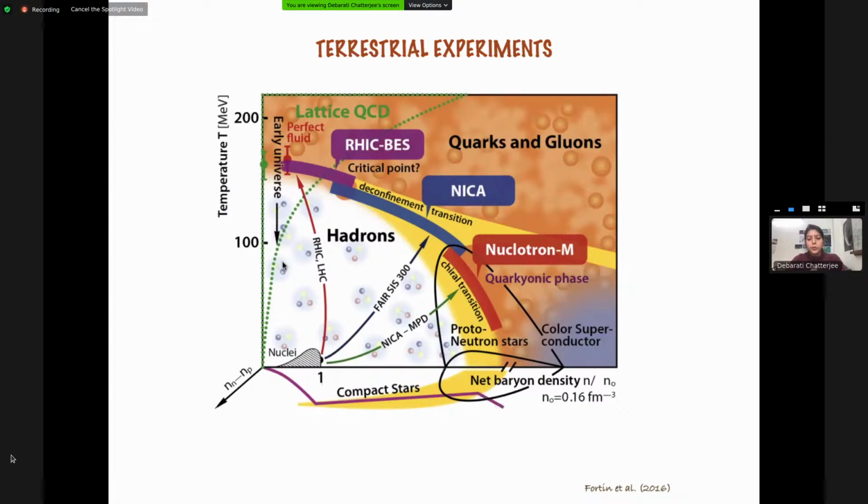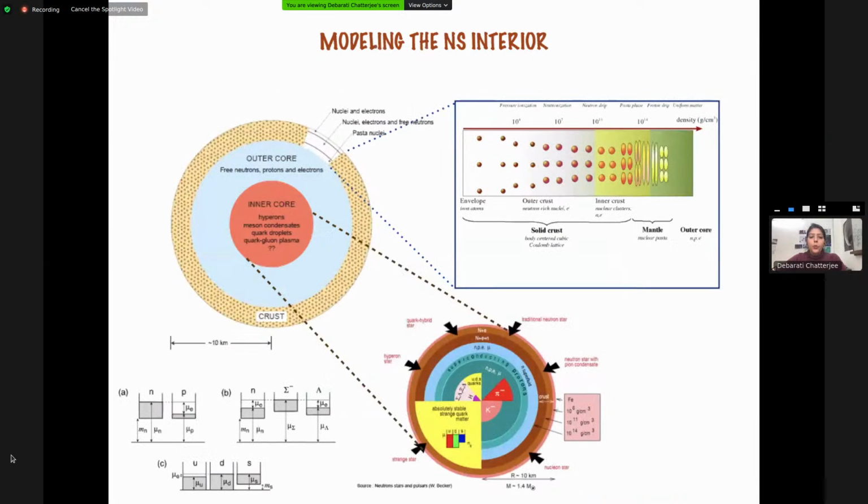So now we expect that they should also appear at the high densities in the neutron star interior. So let's put together all the information we have from nuclear experiments and heavy ion collision experiments to understand what is happening inside the neutron star interior.